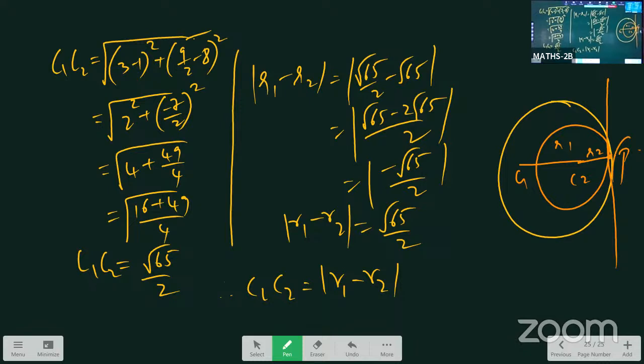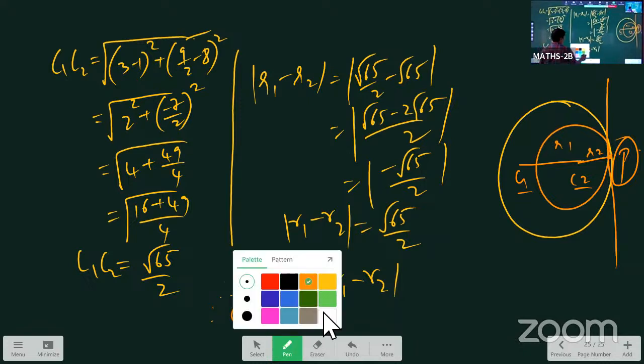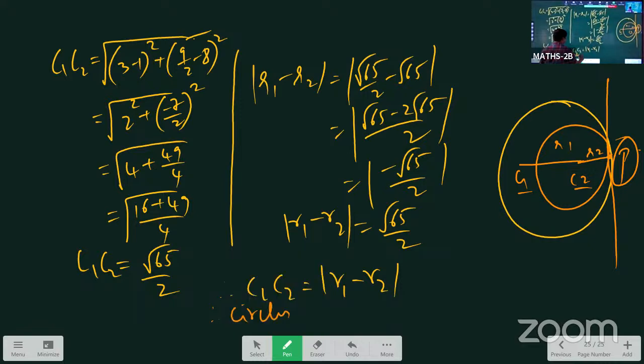Now in this case, the point P divides C1C2 externally, which is outside, yes or no? Right. So C1C2 is equal to mod R1 minus R2. You have to make a conclusion. Therefore, the circles touch each other.